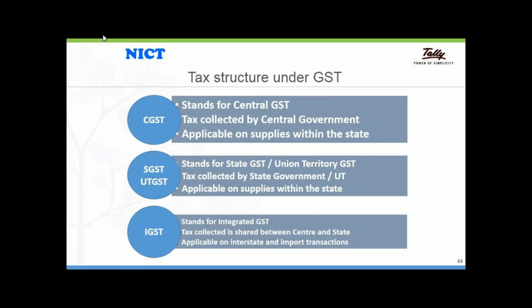If from Bangalore you sell a good to Chennai, Tamil Nadu, where the goods is consumed, you will collect the entire 18% and transfer 50% to the central government account.